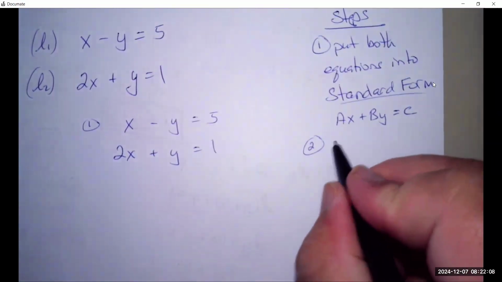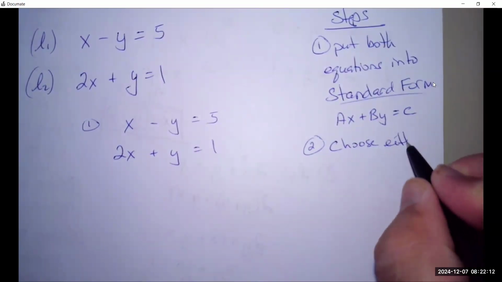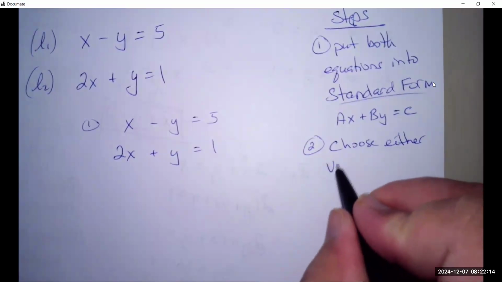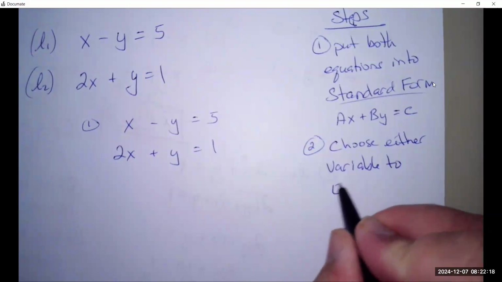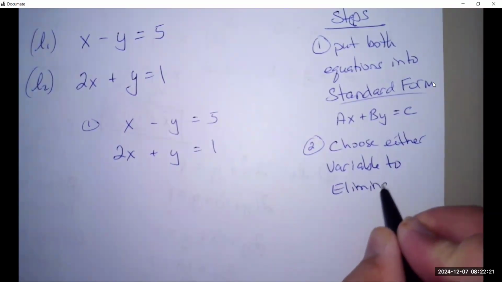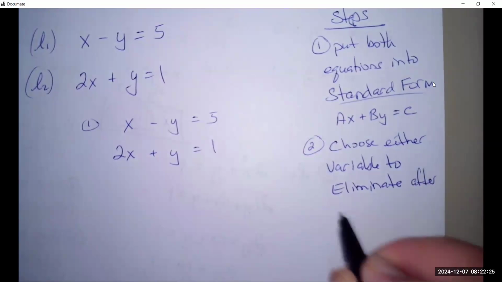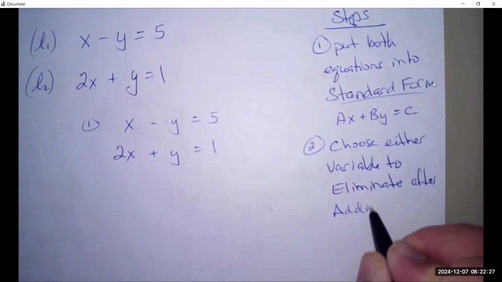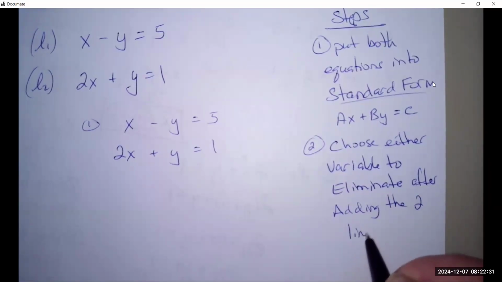Now, the second one is choose either variable to eliminate after adding the two lines together.